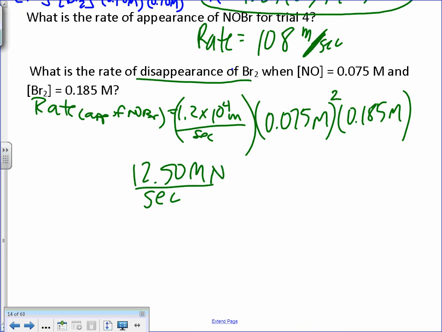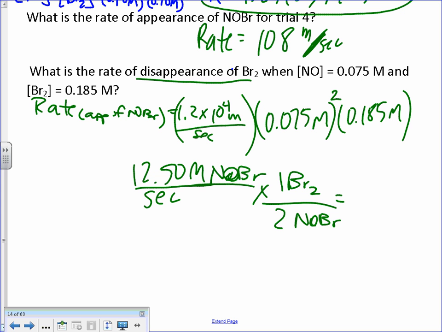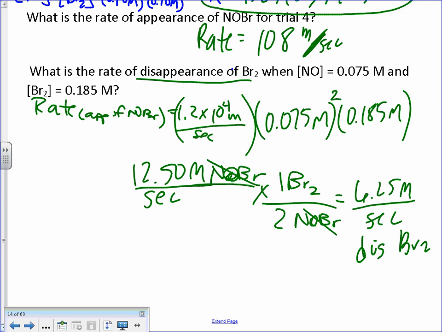You're actually doing a mole ratio. There's two NOBRs produced for every one bromine, and so to cancel out the NOBRs, you're going to get 1/2 the rate. So this would be 6.25 molar per second is the rate of disappearance of Br2. Just because of the ratio.